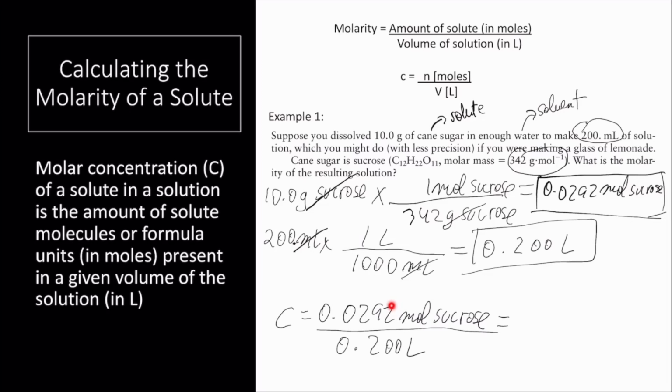So we have on the top and the bottom three significant figures, and in a division we must use the minimum number of significant figures. So it's a final answer with three significant figures. So we get 0.146 molar, which is moles per liter, with three significant figures as desired.